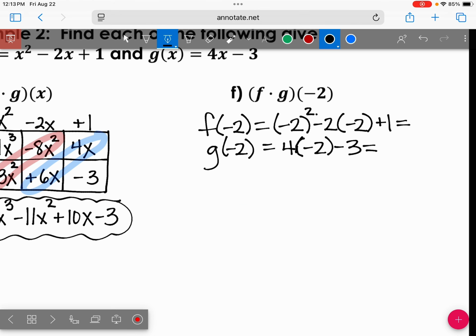Go ahead and figure out what you get. So you got negative 2 squared minus 2 times negative 2 plus 1, and then 4 times negative 2 minus 3.